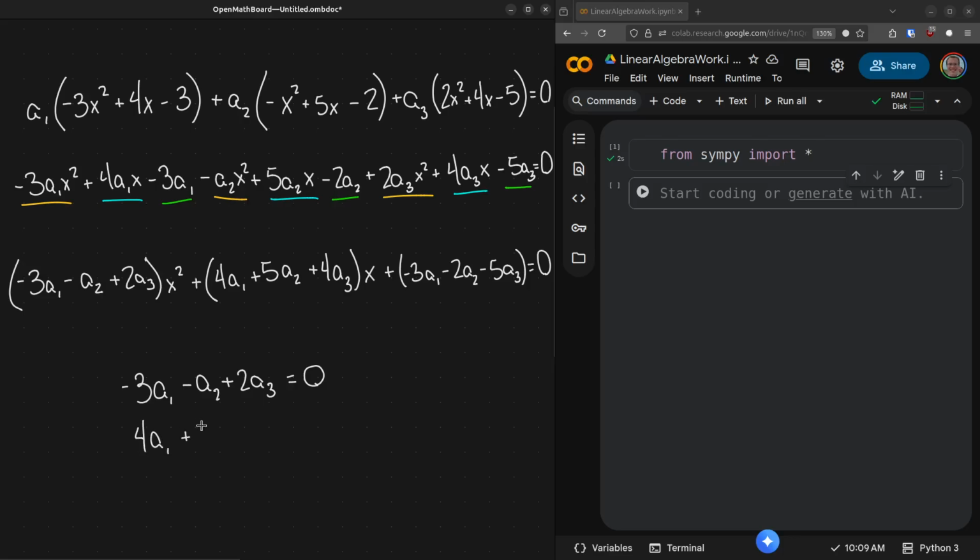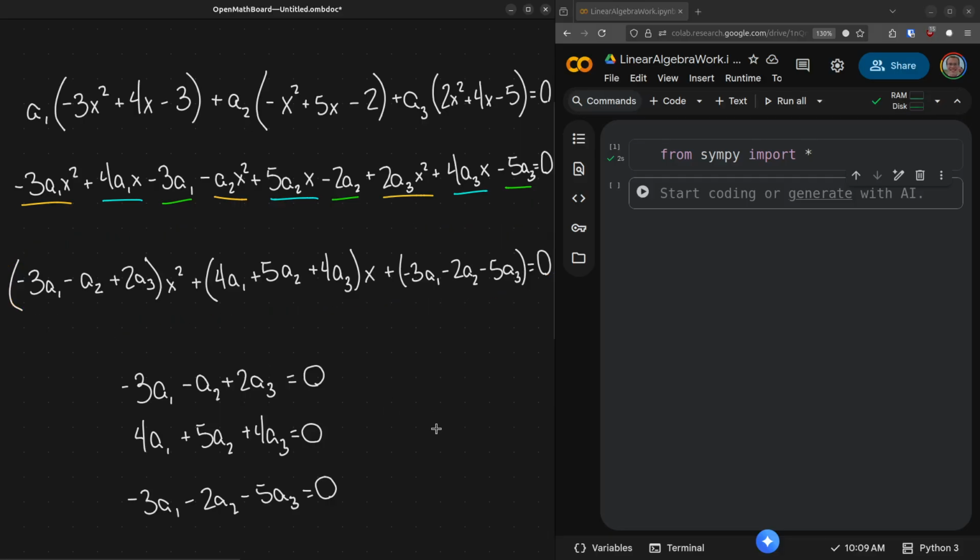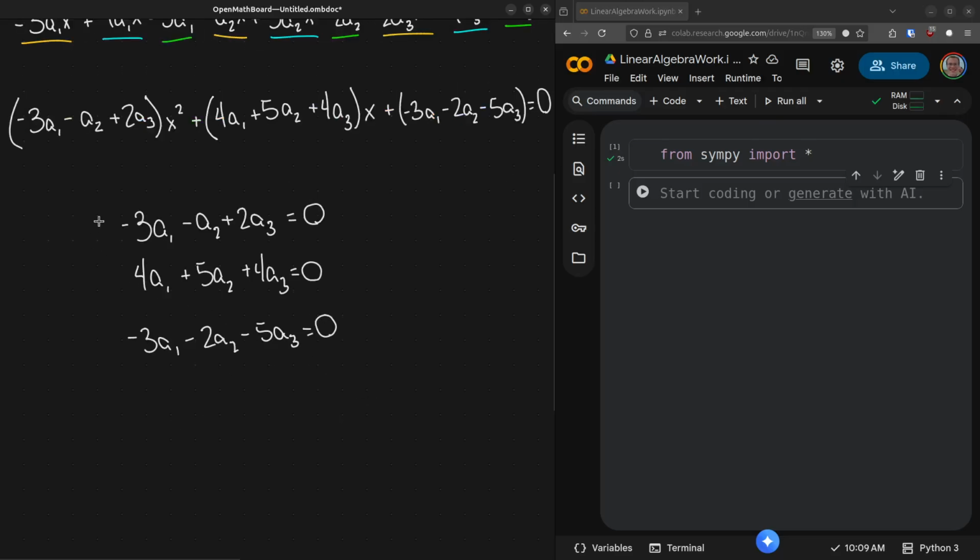4a1 plus 5a2 plus 4a3. This is the coefficient of x. That has to be 0 if I want this equation to be true. And then the constant term, negative 3a1 minus 2a2 minus 5a3, has to be 0 if I want this linear combination equation to be true. Notice this gives me a system of linear equations.